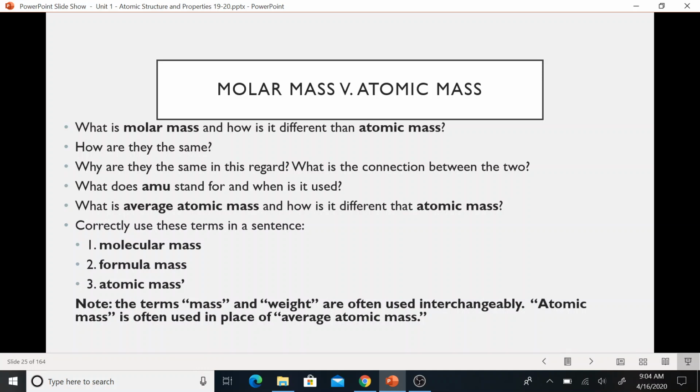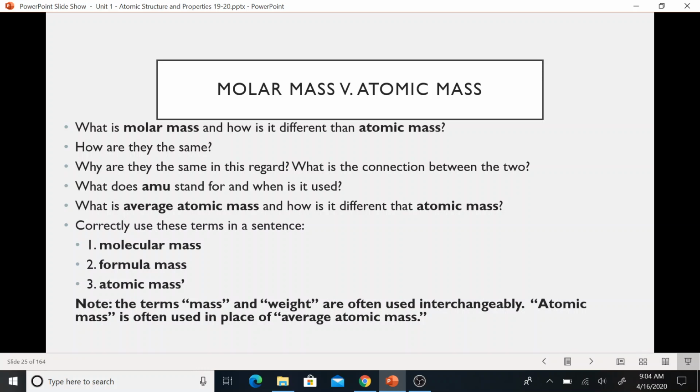Right? So when you guys were taking honors chemistry, you had to do a lot of practice where we would give you mass numbers, like for example, for carbon, carbon 12 versus carbon 13 versus carbon 14, right? And you were asked to determine how many protons, neutrons, and electrons you have, right? Well, that atomic mass, the carbon 12, 13, and 14, is telling you something about the mass of that individual isotope, okay?